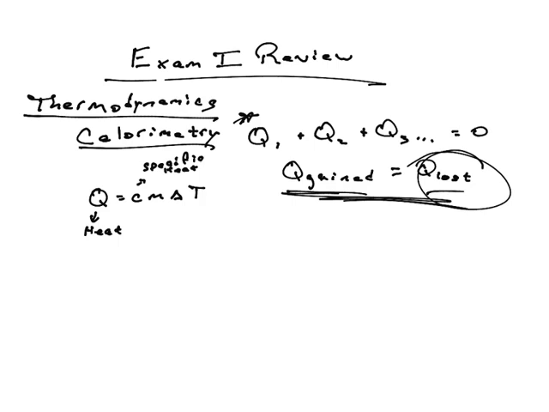So maybe aluminum, you may be able to heat it up really easily by just adding a little bit of heat energy to it. Whereas maybe a block of wood, in order to get its temperature to raise the same amount, you may have to add a heck of a lot more heat. So different materials have different specific heats.